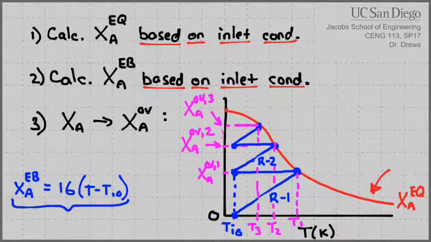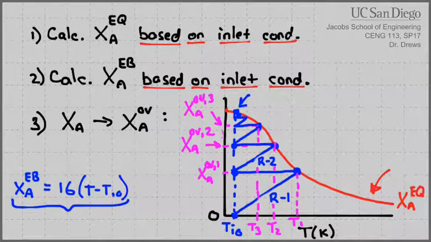If I am always fixed at going back to Ti naught, these lines are eventually going to line up right here. If I imagine Ti naught is my coldest temperature inside the entire system, I will never get a conversion, even if I use an infinite number of reactors, any higher than the equilibrium conversion at that temperature.